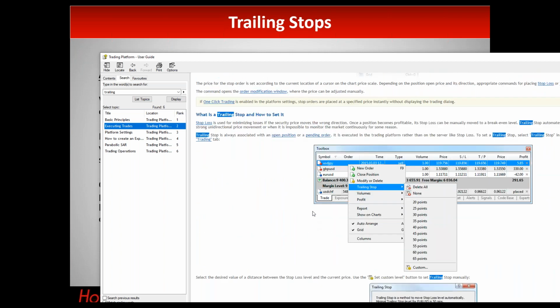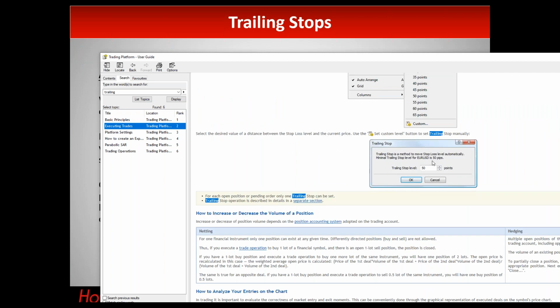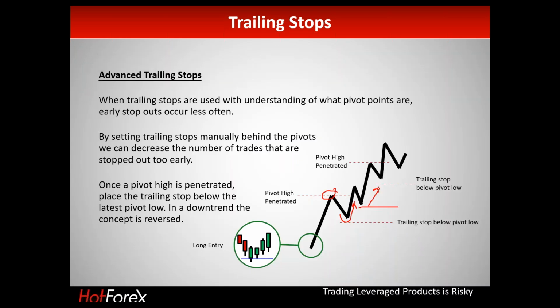Over here, by modifying, choose trailing stop, custom, setting in advance your stop loss. But afterwards, every single pivot low that you get, you can amend the trailing stop in order to be exactly below the pivot low.